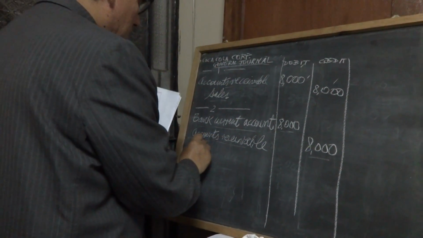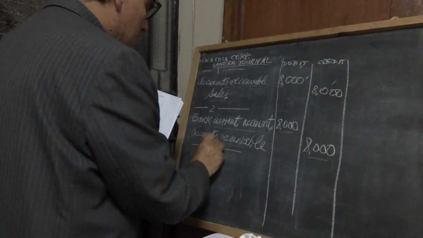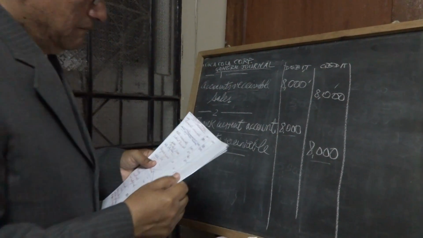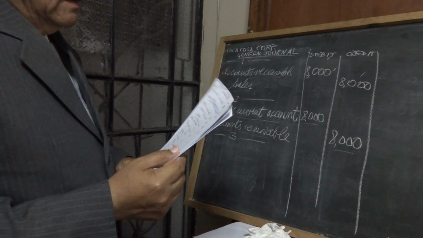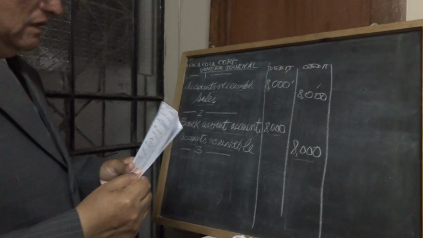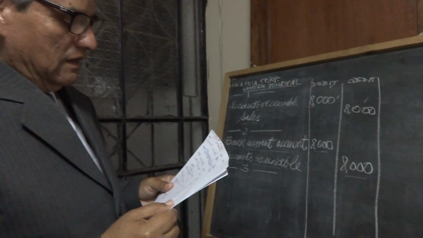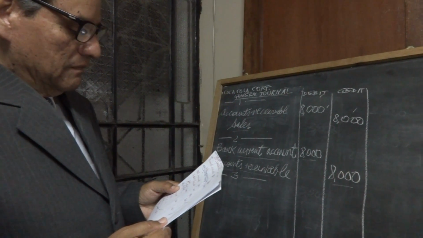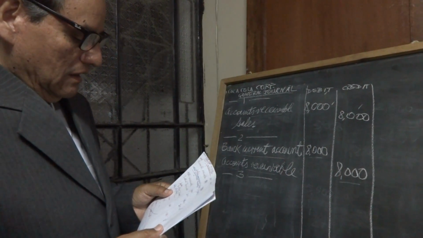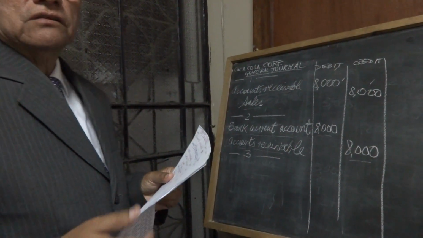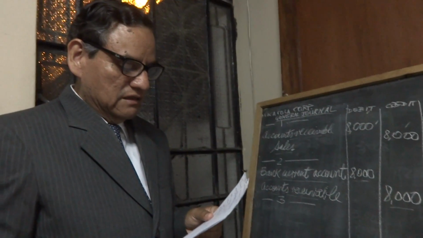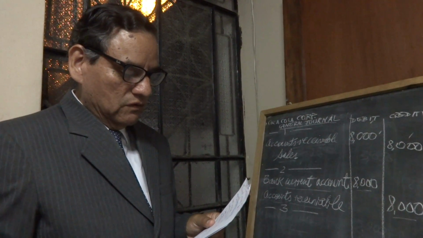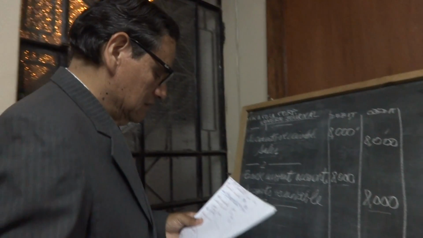In another commercial operation, Coca-Cola Corporation sells to Inti Corporation merchandise for $4,000 with an interest of $200.